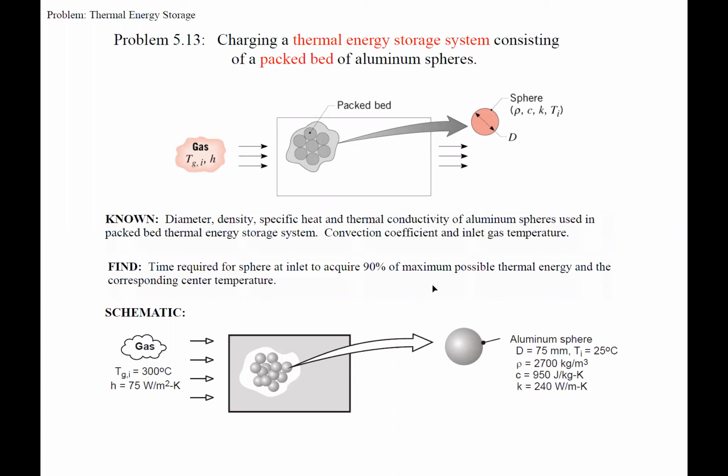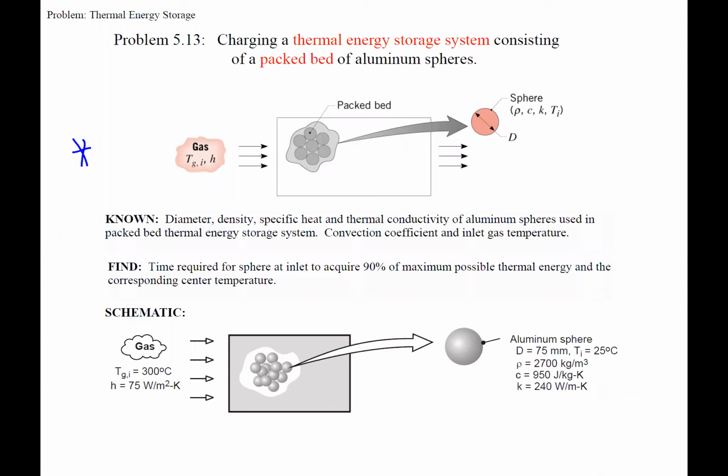In a charging process, heat transfer from the hot gases increases thermal energy stored within the colder spheres. During discharge, the stored energy decreases as heat is transferred from the warmer spheres to the cooler gas. And then they show you this schematic here.